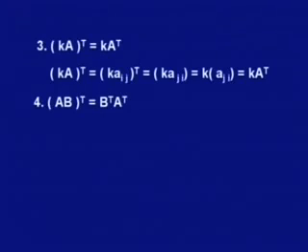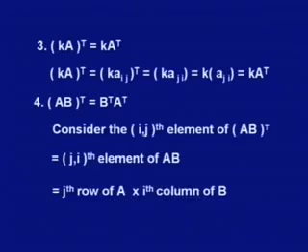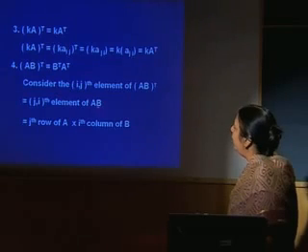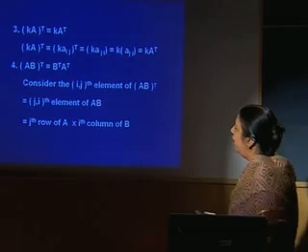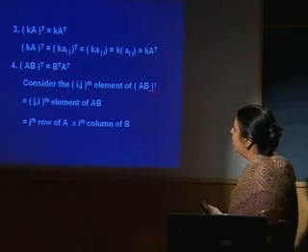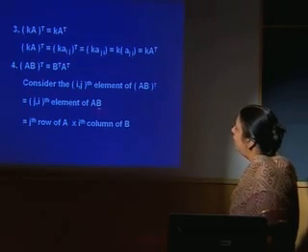Next is the transpose of AB, that is, multiply the two matrices A and B and then take the transpose, which is the same as taking the transpose of B and then multiplying it by A transpose. I consider the ijth element of the transpose of AB. Basically the ijth element of the transpose of AB is nothing but the jith element of AB.